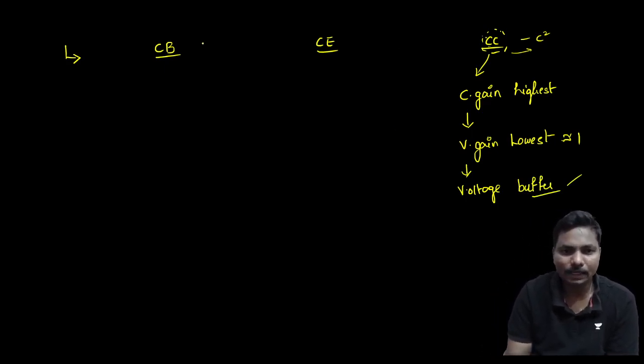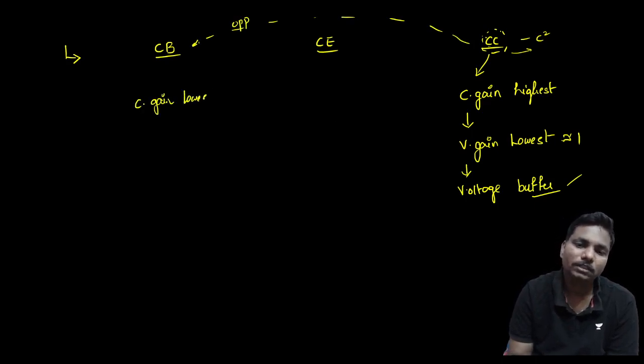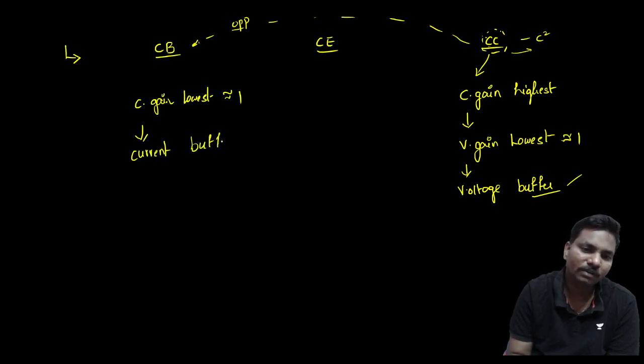So common collector, common base, both are opposite, I said. So here current gain highest means here current gain lowest. Voltage gain lowest means very nearly equal to 1. So current buffer. If you don't want to remember this one also, we can simply make CB.